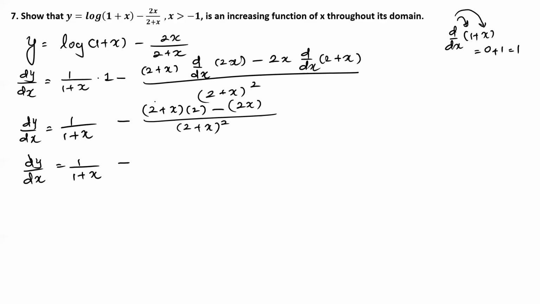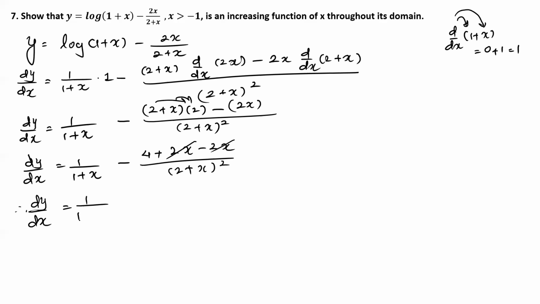If I open the bracket: 4 plus 2x minus 2x upon 2 plus x whole square, minus 2x plus 2x got cancelled. So dy by dx is 1 by 1 plus x minus 4 upon 2 plus x whole square.